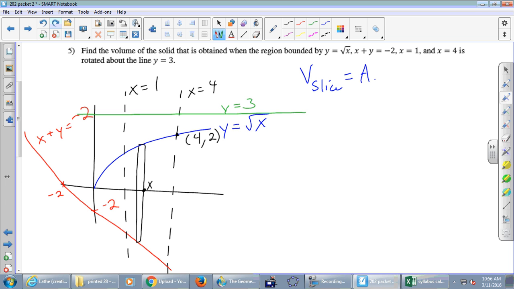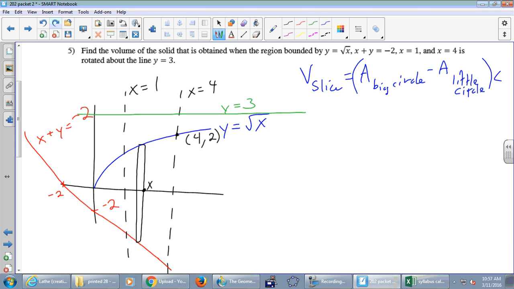Let's write that. Area of big circle minus area of little circle. That's going to be an area, and then I'm going to give it a tiny bit of thickness to make it that cylinder. And how about delta X for the thickness?